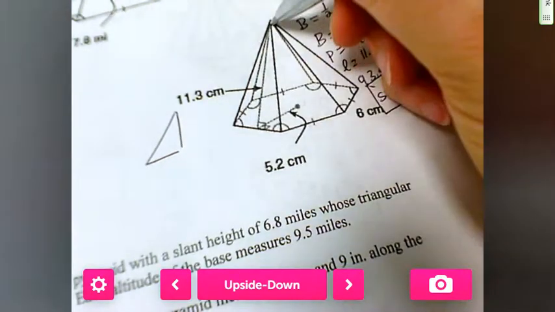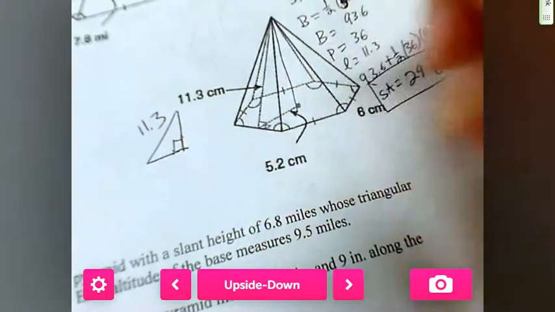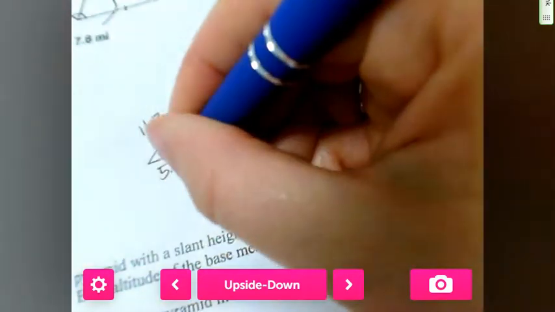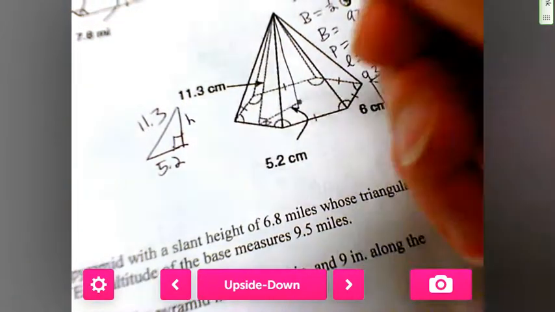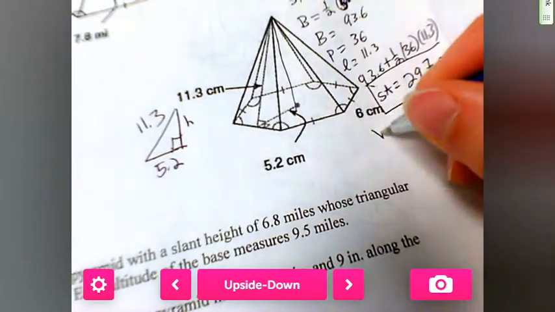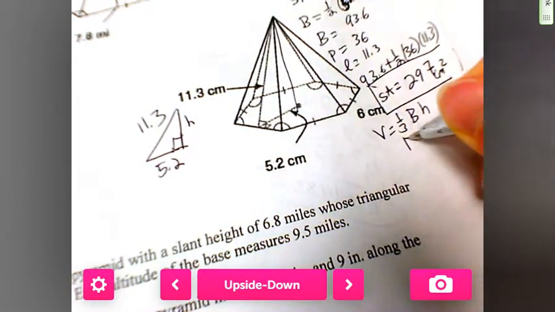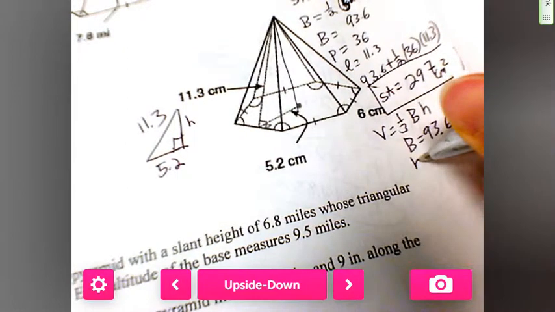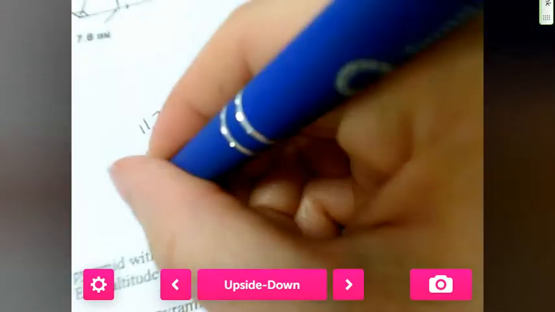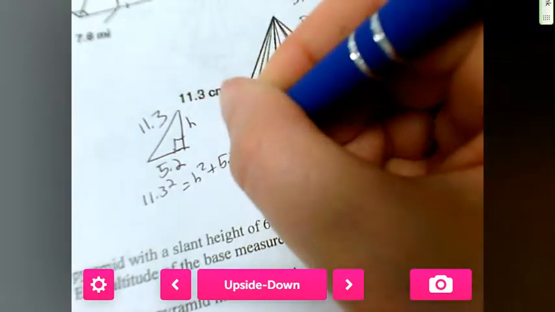Okay, for volume, this is kind of easier than a rectangular one because the apothem is going to be the bottom of my triangle, right? So this is 11.3. The apothem is 5.2, so I don't have to take half of it, and I'm looking for my height. Remember, volume equals 1/3 area of the base times the height. We know the base is 93.6. We're looking for the height. So that's 11.3 squared equals h squared plus 5.2 squared.